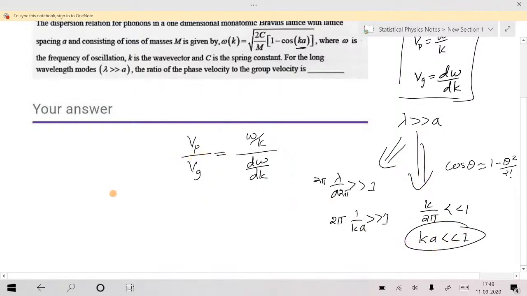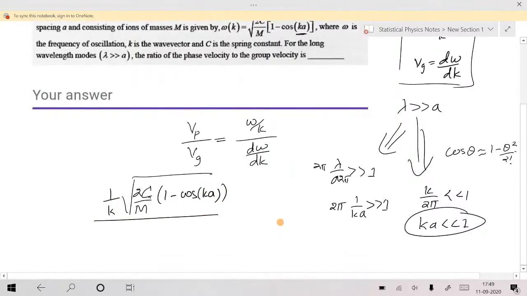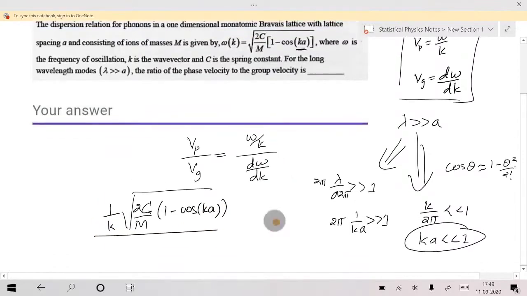Phase velocity, that is nothing but omega by k. Omega by k you can write as root of 2c by m into 1 minus cos ka, where k is very small, whole divided by k, whole divided by d omega by dk. That means you should take the derivative of this one.